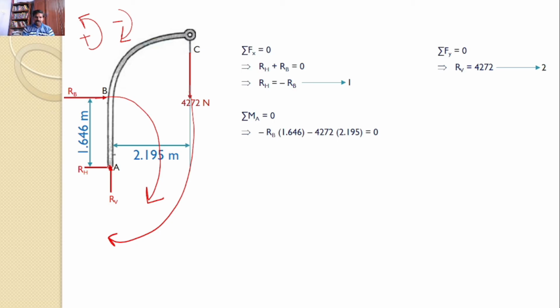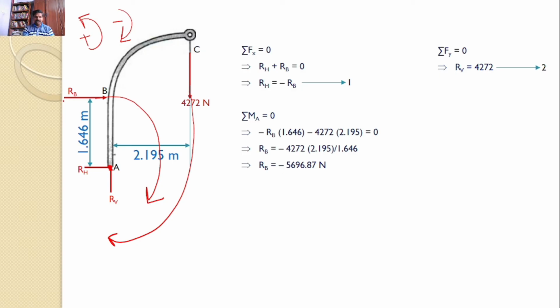So with reference to this, if you take moments, then we can say minus RB into 1.646 minus 4272 into 2.195 is equal to 0. Upon simplification, you will get RB is equal to minus 5696.87 newtons.